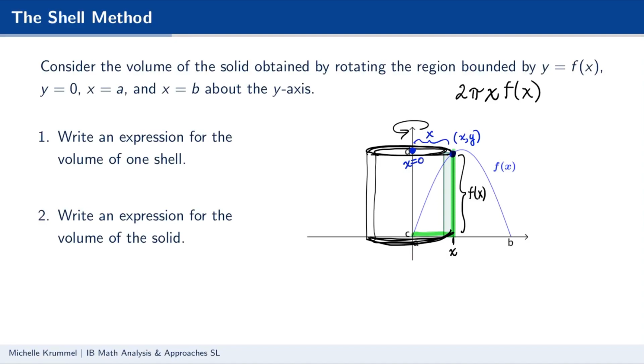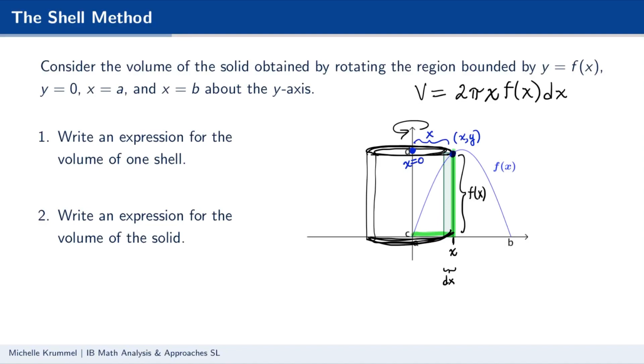So that's not volume, right? That's still just surface area. That's a two-dimensional calculation. So to get the volume of this shell, we need to multiply that lateral surface area by the thickness, and the thickness was just whatever width this was right here, the dx. So we multiply that by dx, and now we have volume.